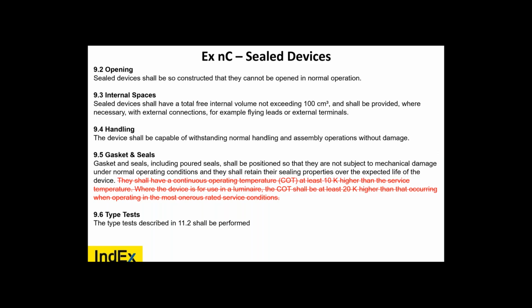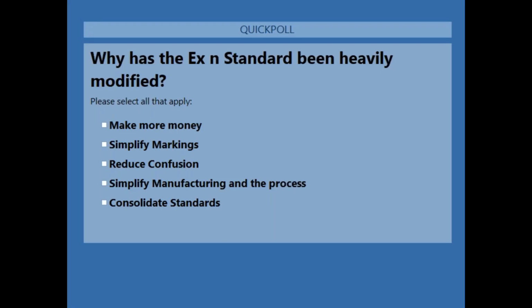Now, let's ask a question. Why has the EXN standard 60079-15 been so heavily modified? Multiple answers here.